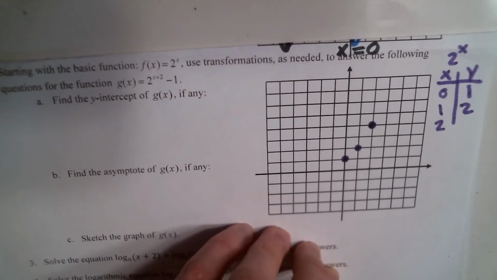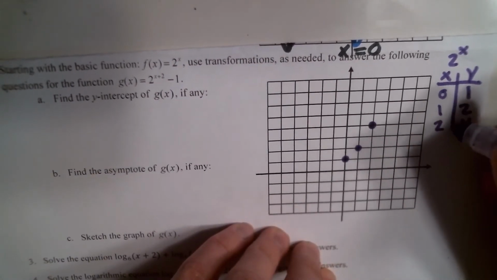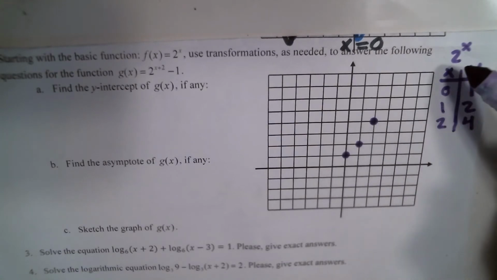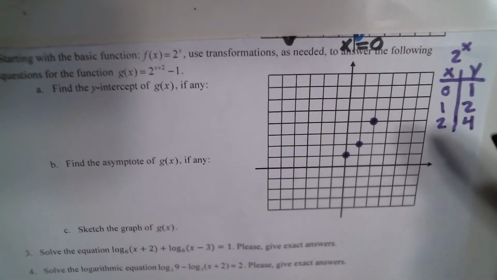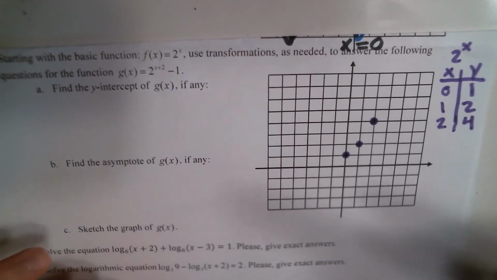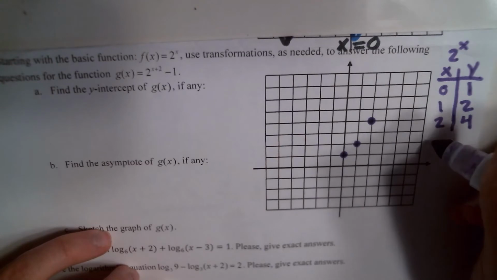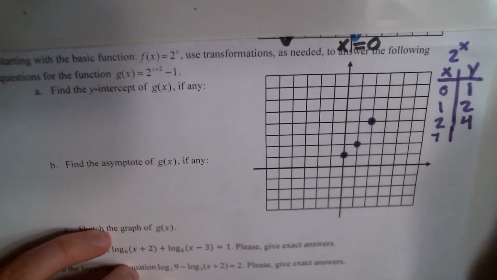Now notice these are kind of the same numbers that were showing up on the last one for the logarithm, right? Which makes sense because log base 2 is the inverse function of 2 to the x, so it switches around the x's and the y's here, but the numbers are going to seem very similar to each other. If we plug in -1, we get 2 to the -1.